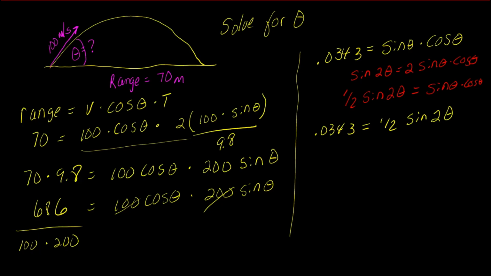Let's multiply both sides by 2. So by multiplying both sides by 2 here, I would get 0.0686 equals the sine of 2 theta.